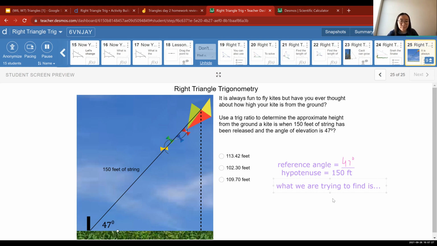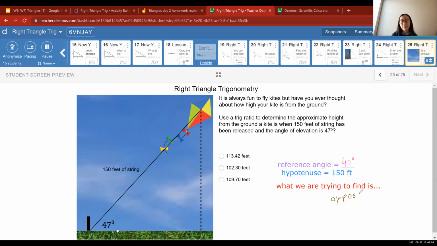The adjacent side would be the horizontal line on the ground, and the vertical line is how high the kite is off the ground. So yes, you're changing your answer to opposite. The opposite side is correct. We know the hypotenuse and we're trying to find the opposite side of this triangle.